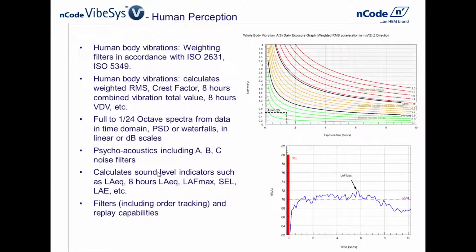And once done, we can either calculate some octave spectra or some indicators such as the continuous sound equivalent level, or the LAF max, SEL, LAE, etc. Again, the filters we can apply include an order tracking filter, or all sorts of filters, and that enables the user to remove from the signal some specific patterns, or some specific results of some dynamics or rotating machinery, and re-listen to it and recalculate those indicators and figure out what to do to optimize the acoustics or the vibration levels of a system.